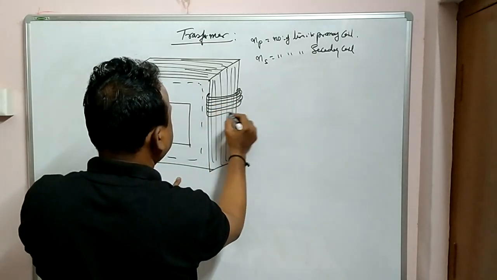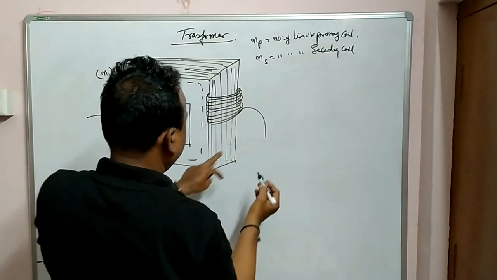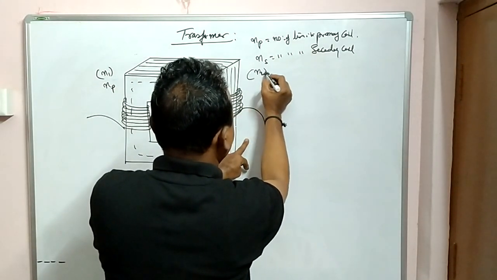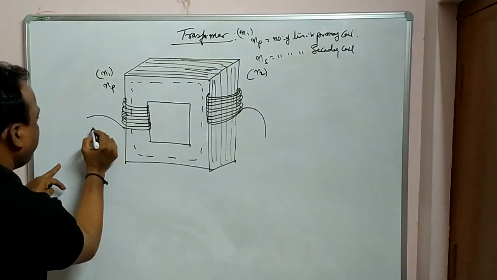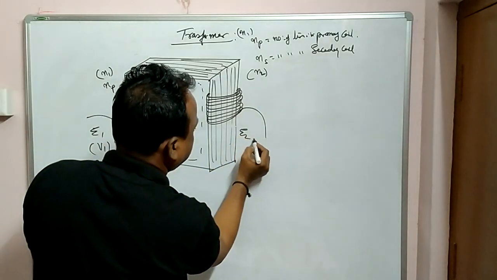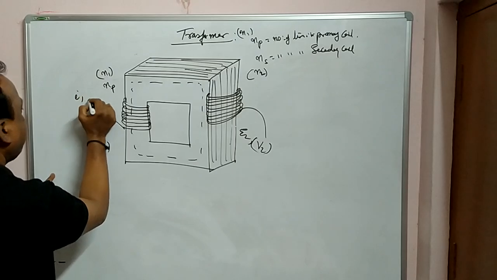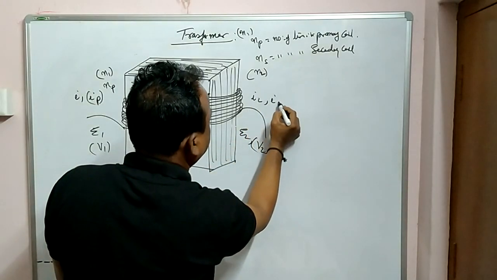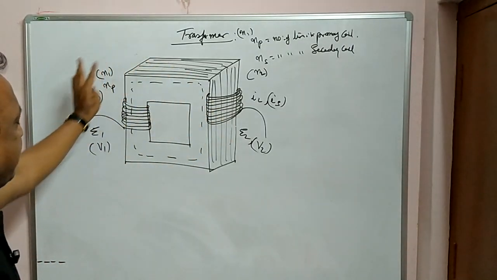You can take this sometimes as N2 or NS, and this one N1 or NP. Here EMF E1 or V1 voltage, here E2 or V2, here current I1 or IP primary, here I2 or IS secondary. So these are the initial things, the basic structure of a transformer.